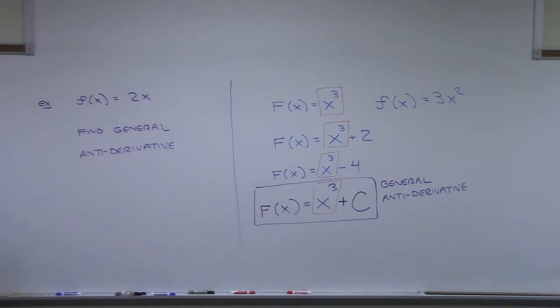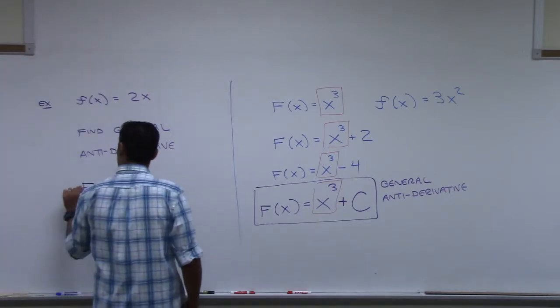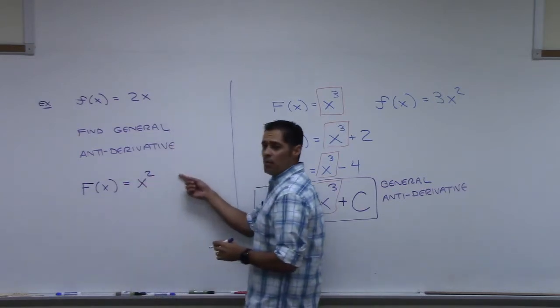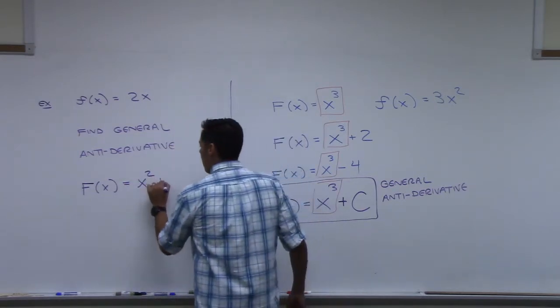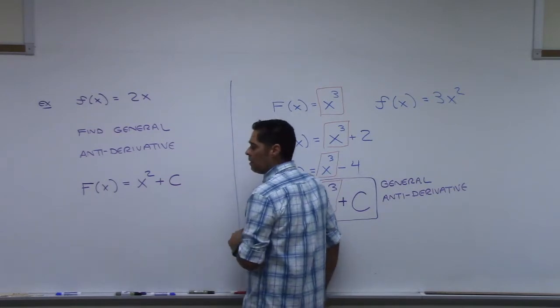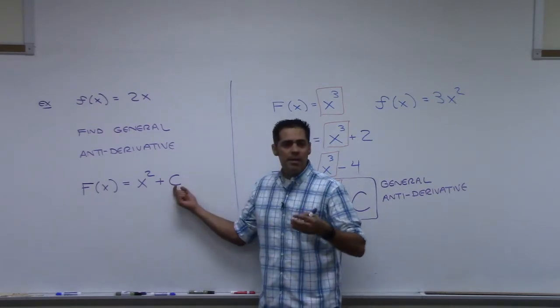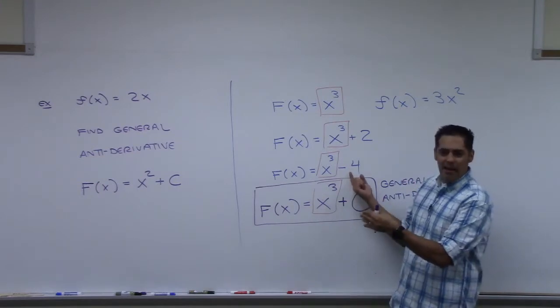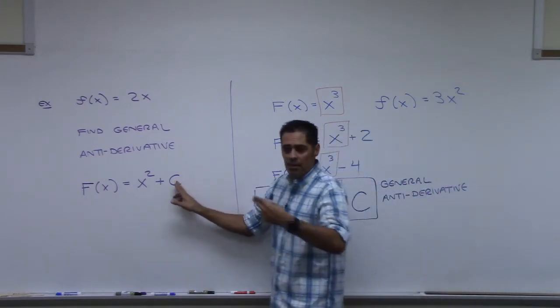So you have to think, what do you take the derivative of to get that? X squared, right? So capital F of x will be x squared, but because I could add any number out here, I'm going to put a plus c here. And just keep in mind, c could be like -2, or -4, and it would be like that, right? So this c can be either positive or negative.